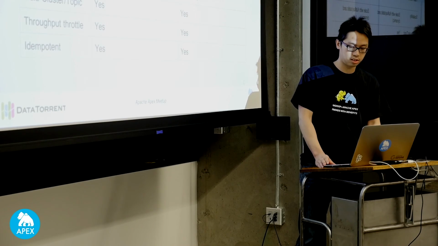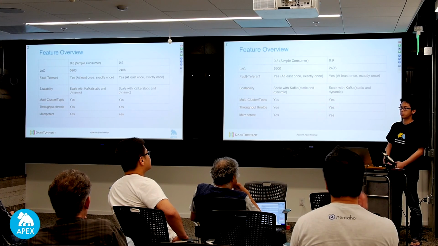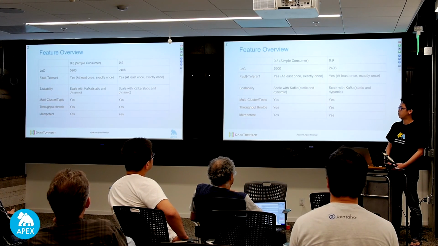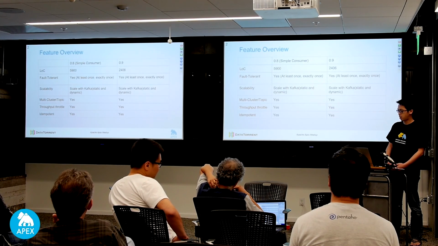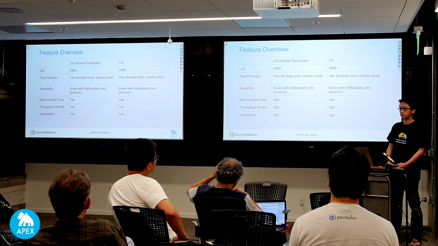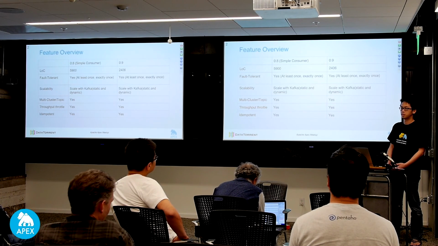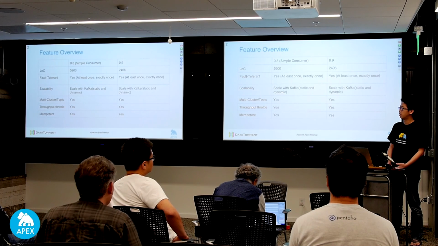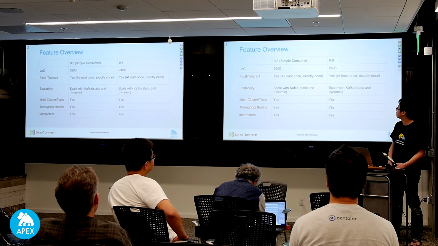First, I just want to give a little bit of history about the Kafka input operator. In the Apex Malhar library, we actually have two versions of the Kafka input operator. One is based on the Kafka 0.8 API, and the other is based on the new Kafka 0.9 release.